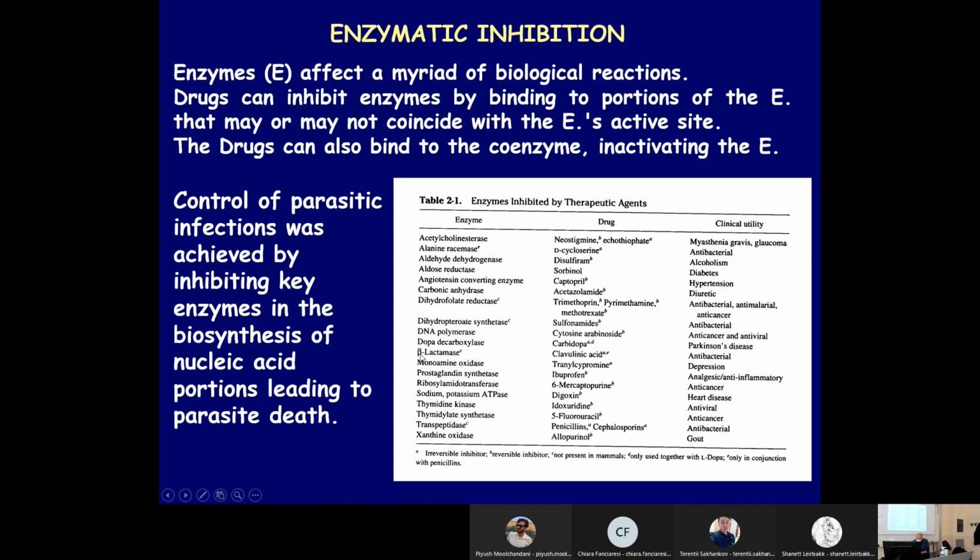Here, there is another interesting example, beta-lactamase. The next chapter of our course is related to penicillin antibiotics.